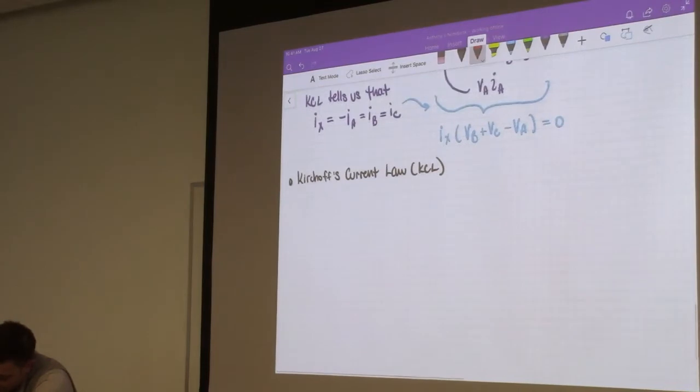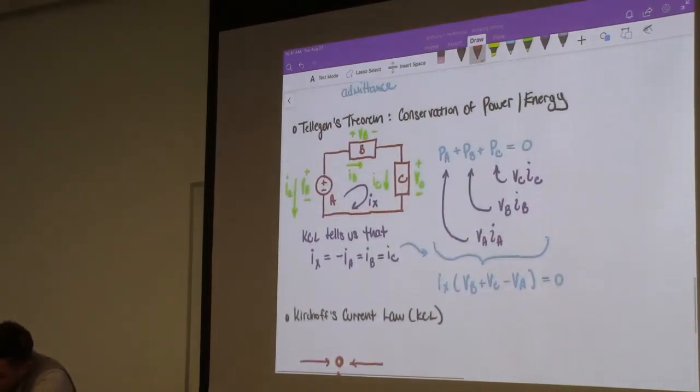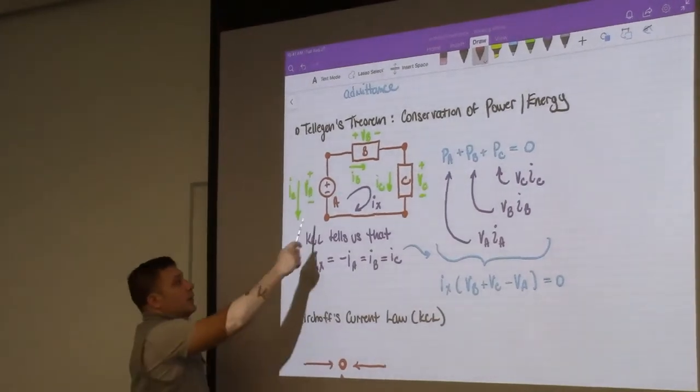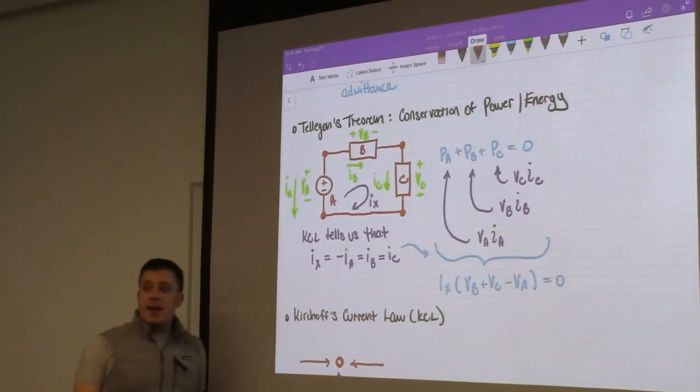So let's draw some pictures that tell us that. Okay, and what is a node, furthermore? A node is any point that connects 2 branches. So this would be a node, this would be a node, node, node, and that would be a branch.